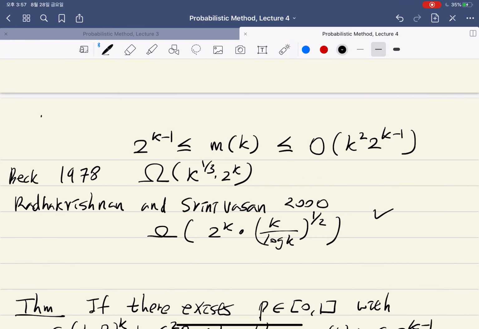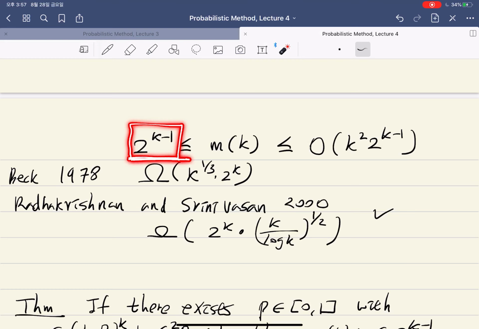We choose some n vertices. How did we prove the lower bound? The lower bound is that we want to show that every k-uniform hypergraph with this many edges can be colored with 2 colors.